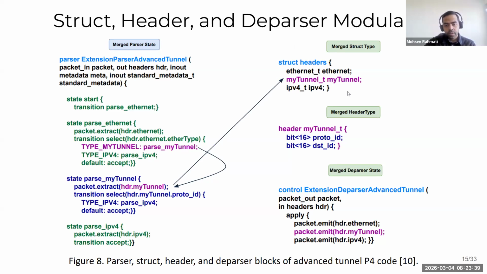Based on this, it can also merge the corresponding header from the extension code into the base code, I mean header my_tunnel_t. And at the same time it can merge the deparser state of the corresponding state, I mean packet.emit(hdr.mytunnel). So based on the information we receive from comparing the finite state machines, we can merge struct, header, and deparser.